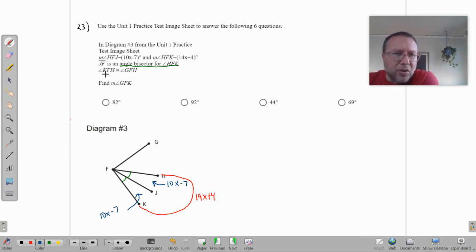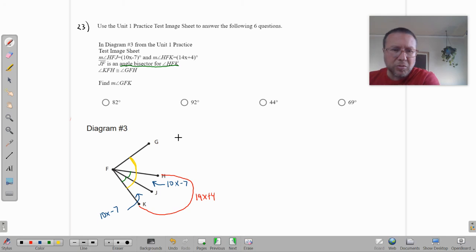And it says that angle KFH, so this angle, is congruent to GFH. So what they're saying is that this whole angle is congruent to this angle.